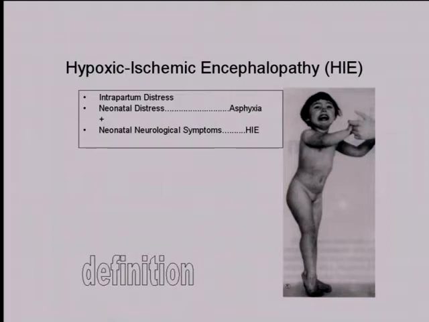This alone does not yet make hypoxic ischemic encephalopathy. This makes just asphyxia or postnatal depression. A third criterion is that you find neurological symptoms which indicate that the brain has been injured, and that makes the diagnosis hypoxic ischemic encephalopathy. So please always discern those points. Next.